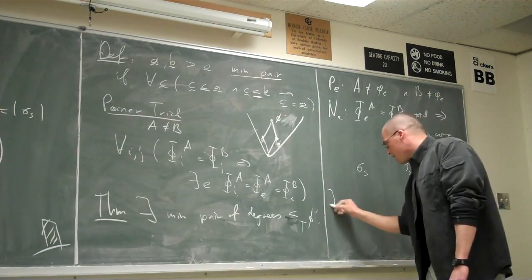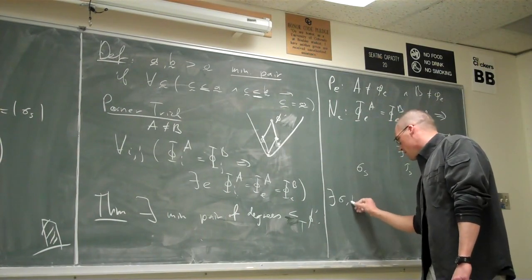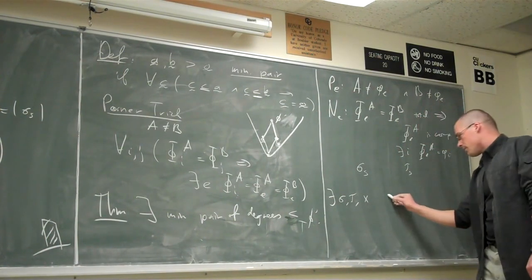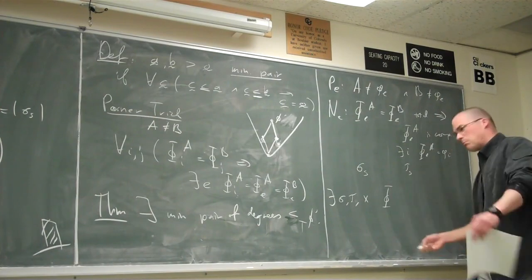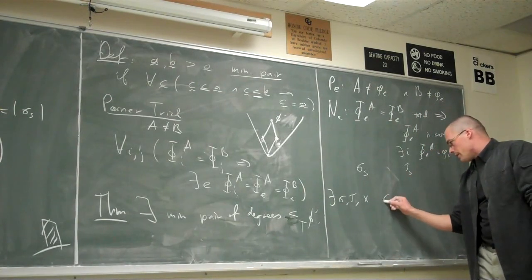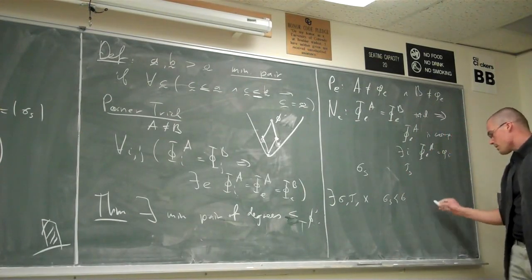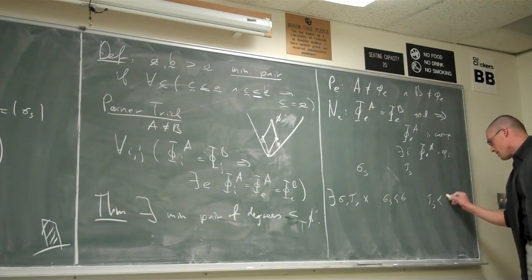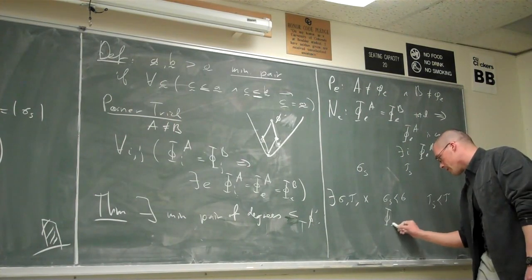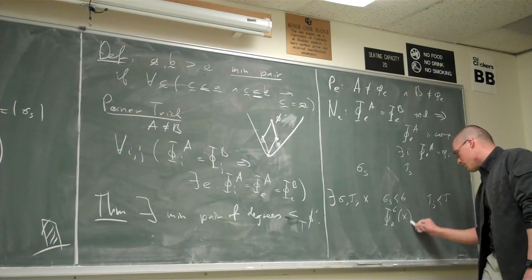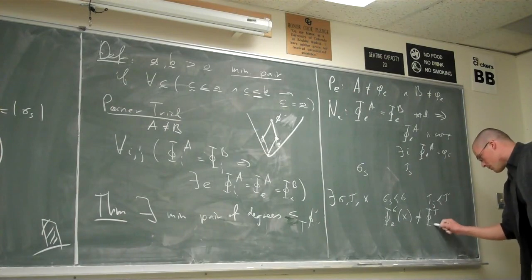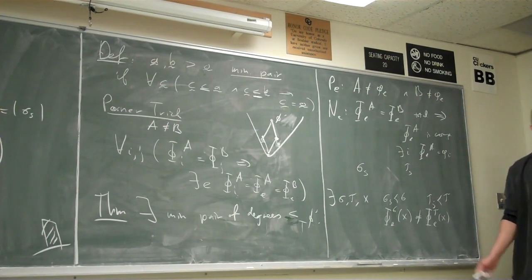I look for: does there exist a sigma and a tau and an x such that sigma s is an initial segment of sigma, tau s is an initial segment of tau, and phi e of sigma at x is not equal to phi e of tau at x.